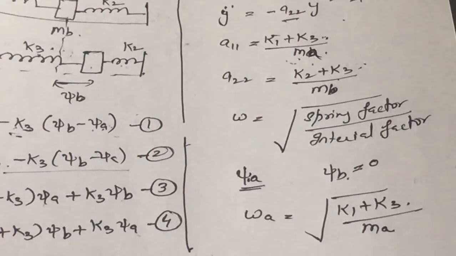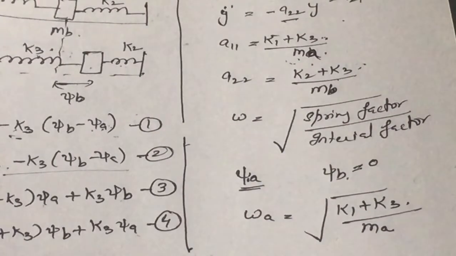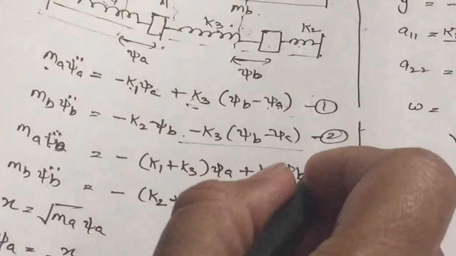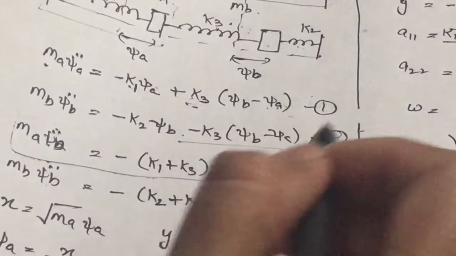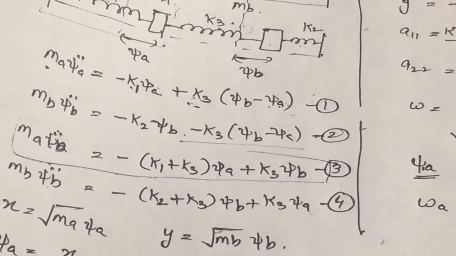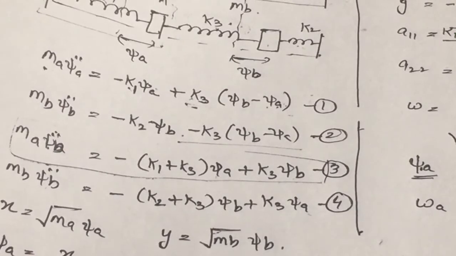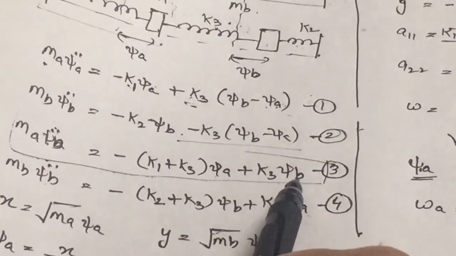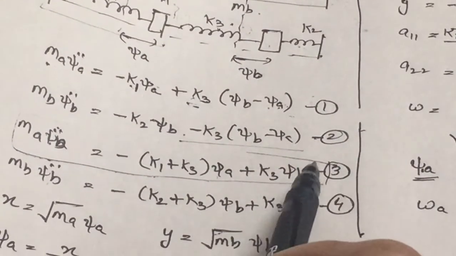We can find this formula with the help of our equation number 3 also. With the help of equation number 3, we can easily find what will happen if the psi b factor becomes equal to 0. Let us consider the second particle is not showing any displacement.